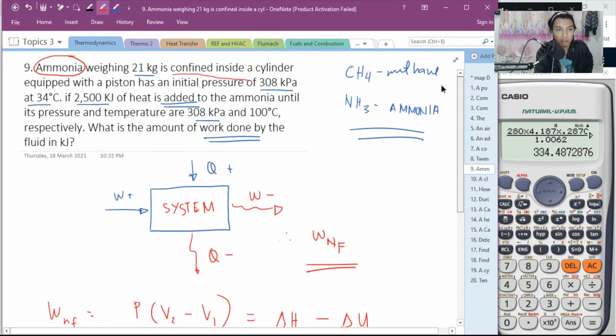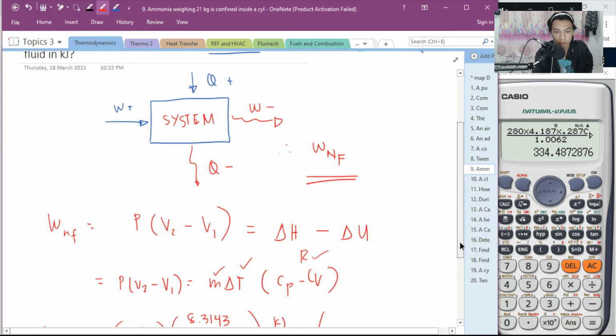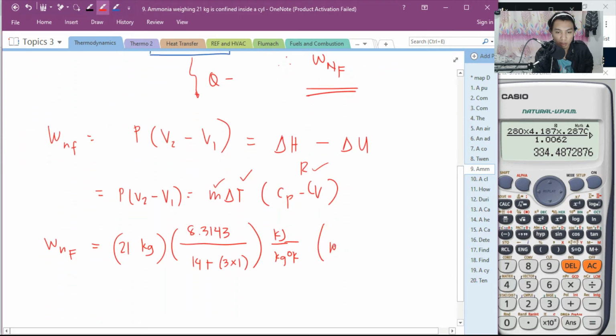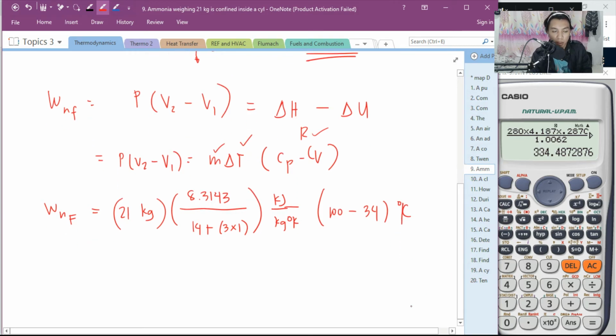So, 110 degrees Celsius minus 34 degrees Celsius. Degree Kelvin na ito kasi change in temperature. Now, we can get the final answer. Cancel mo natin yung same units: kilojoule, kilogram, degree Kelvin. Kilojoule ang hinahanap dyan.